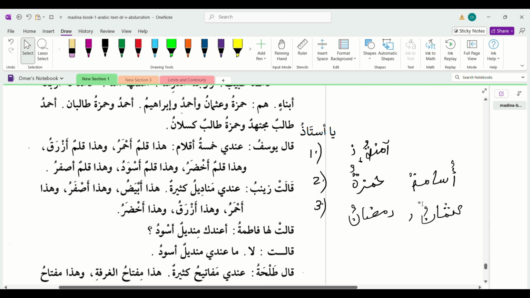And adjectives in the pattern فعلان, for example ملآن, كسلان, or تعبان. Atshan means thirsty, Taban means tired, Malan means full, filled, and Kaslan means lazy.